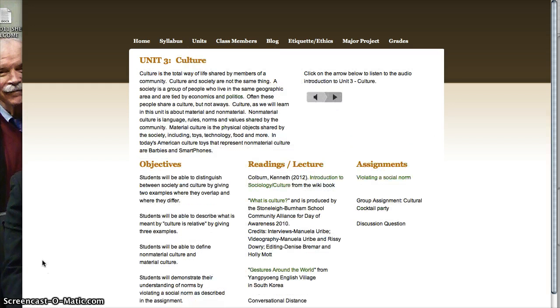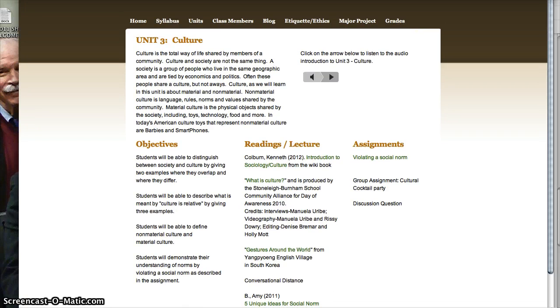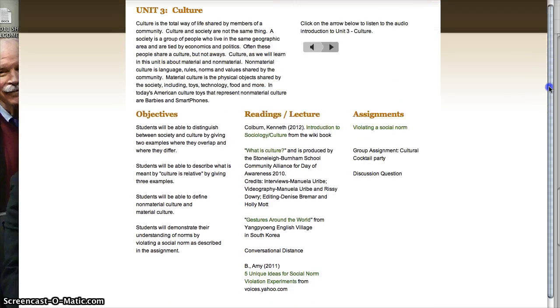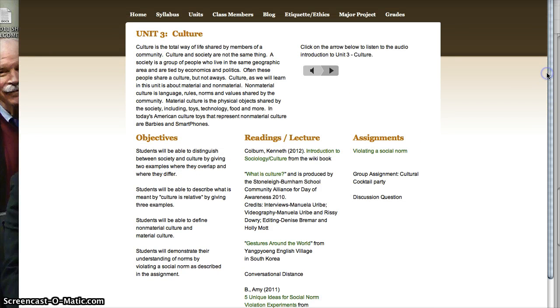For this semester, I'm focusing on my Unit 3 on culture. And I'm already much happier with my page. It actually fits into a single screen. And it has the components that design that White Space tells us to have.